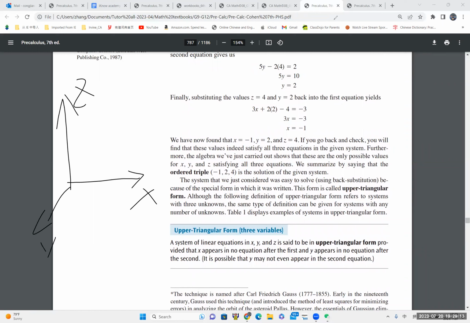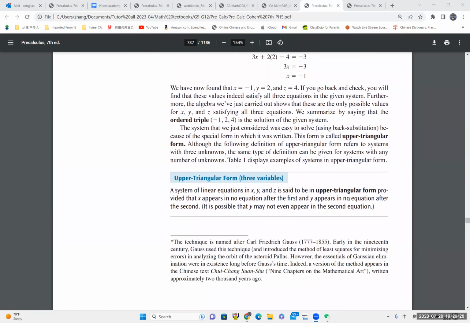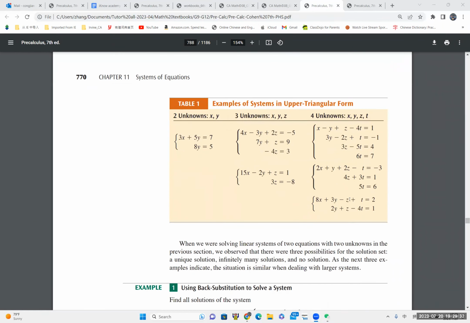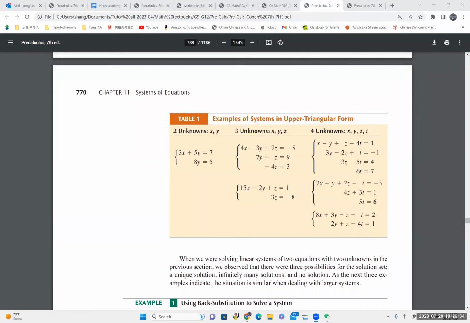Only if you know all these 3 values of the ordered triple can you locate a point in 3D space. Then you can keep going: 2 unknowns, 3 unknowns, 4 unknowns, and keep going.